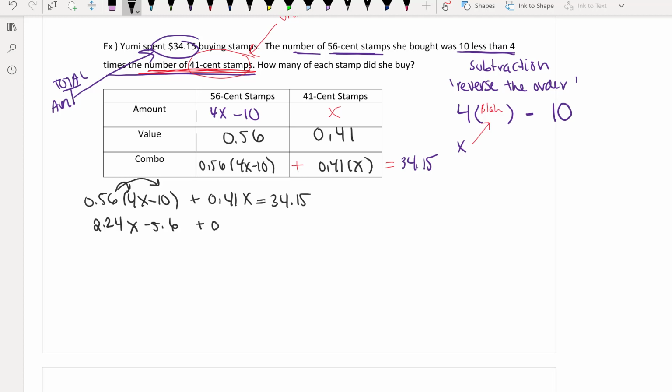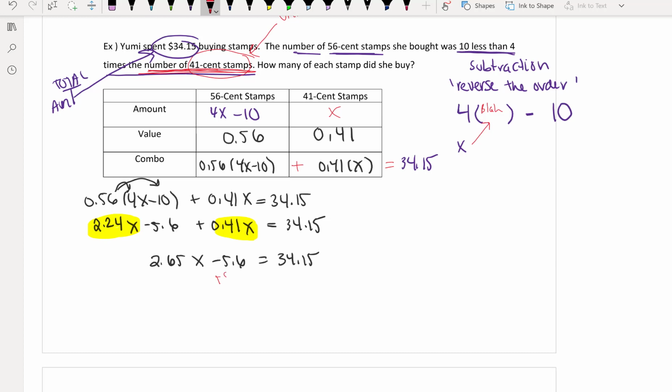I still have 0.41x, and I have that equal to 34.15. Now when I combine like terms, I add the x's together: 2.24 plus 0.41 gives me 2.65x, minus 5.6 is equal to 34.15.